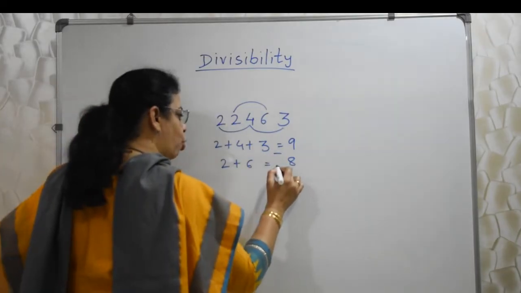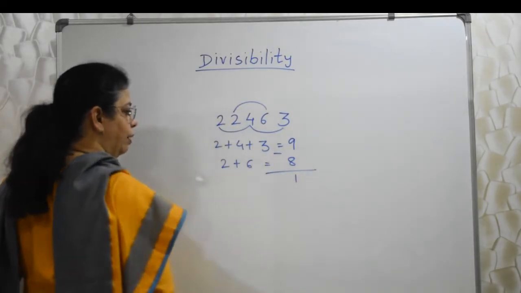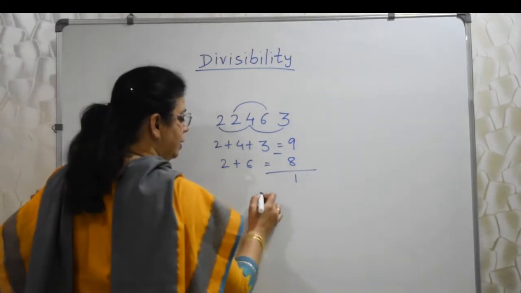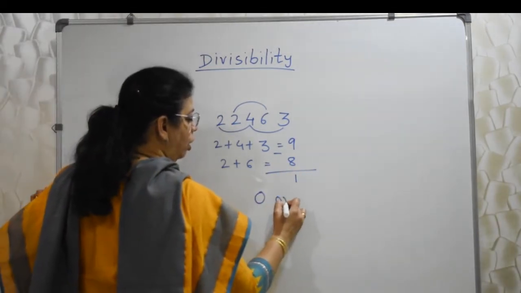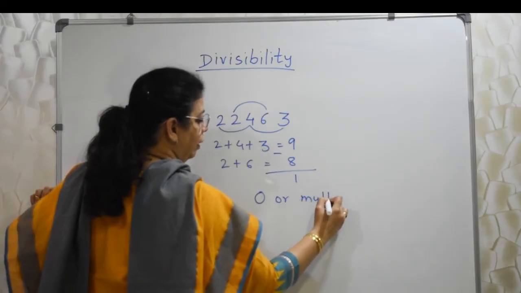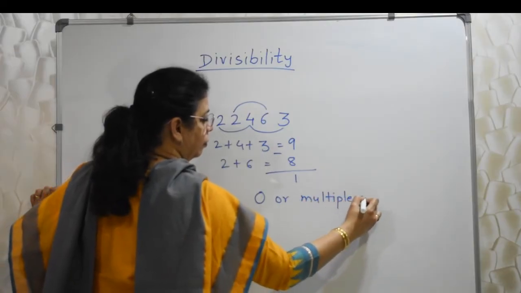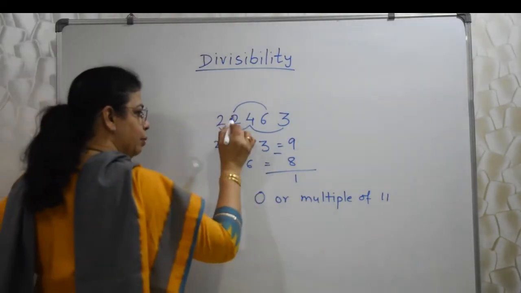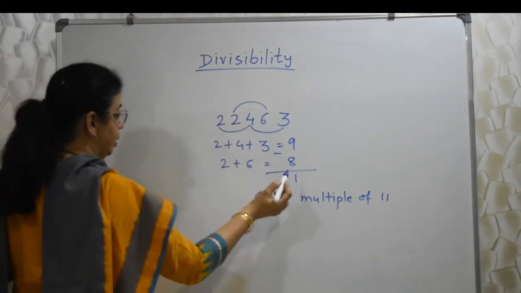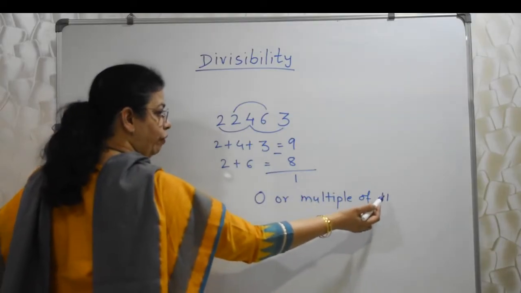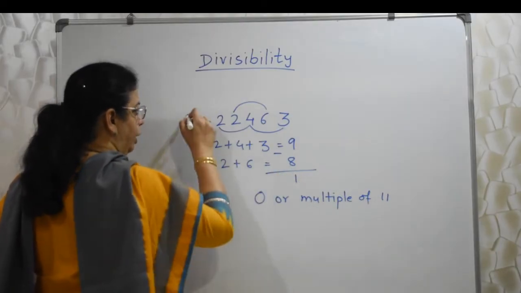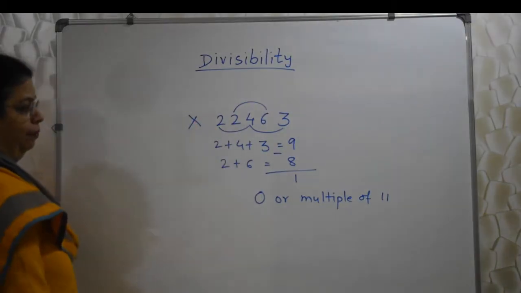Now subtract both. Answer is 1. If this would have been 0 or a multiple of 11, then I would have said yes, this number is divisible by 11. But here 0 is not coming and a multiple of 11, meaning 11, 22, nothing like that is coming either. So sorry, this is not divisible by 11.